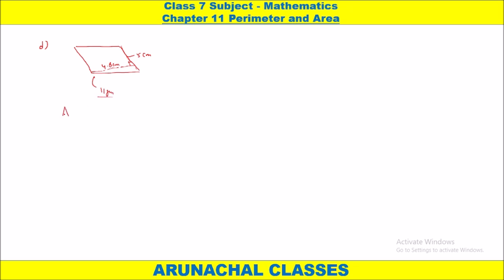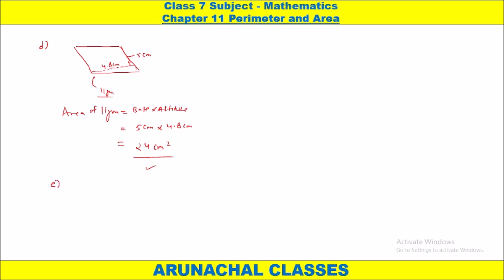We have to find out the area of the parallelogram. Area of parallelogram is given as base value multiplied with altitude. So base is 5 centimeter and altitude is 4.8 centimeter. Now 5 multiplied with 4.8 will be 24 centimeter square.